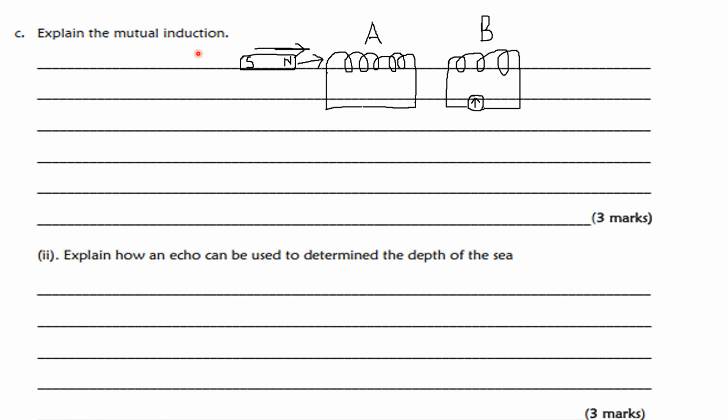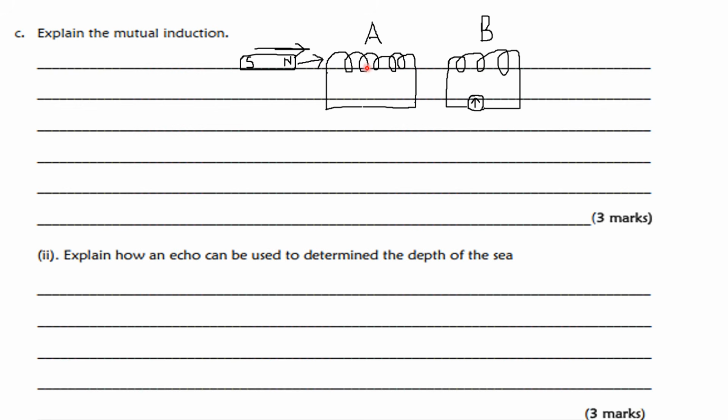Mutual induction is a process whereby a change in current flowing through one coil will create or induce an EMF, or electromotive force, which is voltage, in a nearby separate coil due to the magnetic field linking between the two.